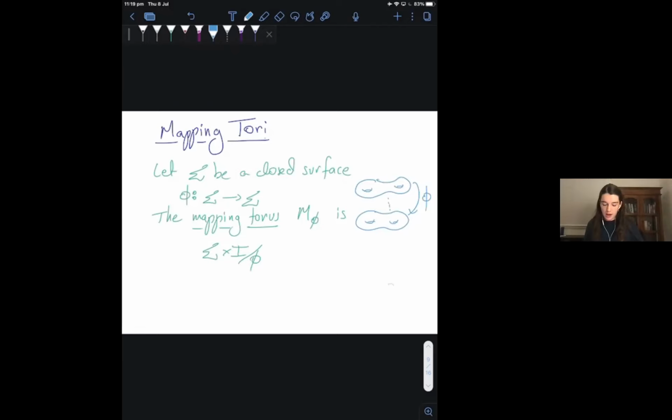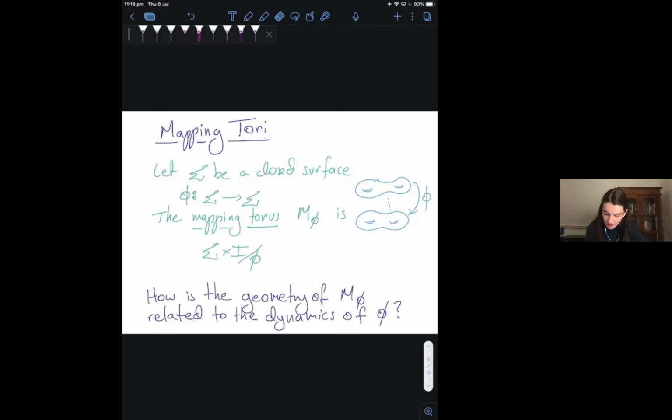Okay, and a question that I'd be really interested in, if anyone's got any insight into this, I'd really be interested to hear about it, is how are these all connected? Like I've got all these mapping classes on all these different surfaces, so what on earth is going on there? It's this sort of question: how's the geometry of my manifold related to the dynamics of my map?